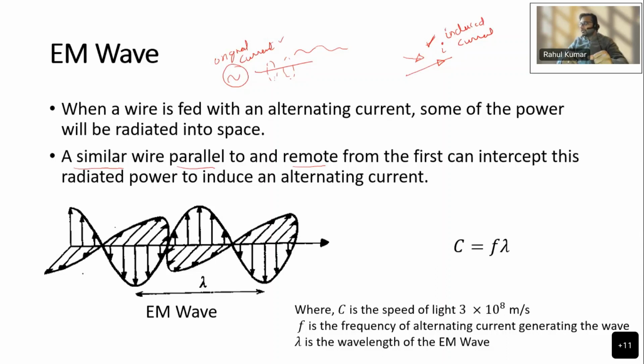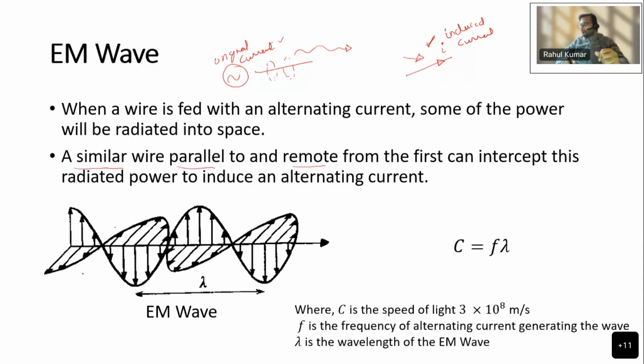So this way we can transmit some information or some signal using two wires which are remote to each other, or which have some distance between each other, or wirelessly we can transmit some signal.